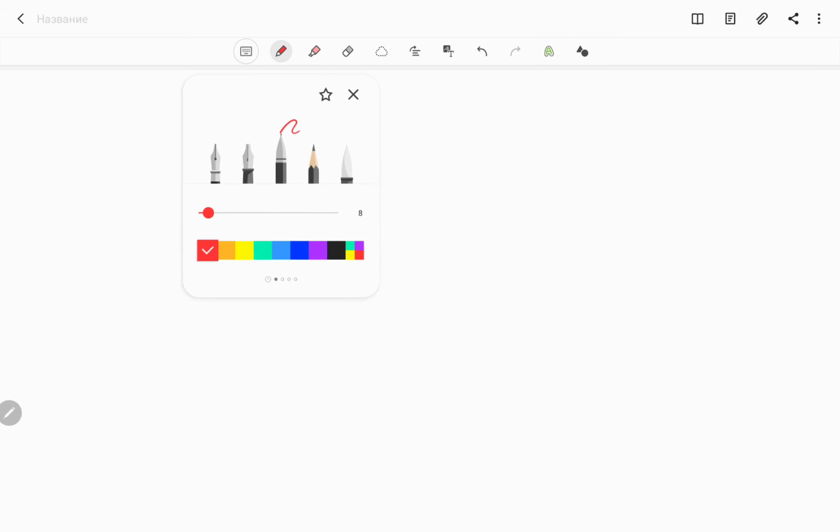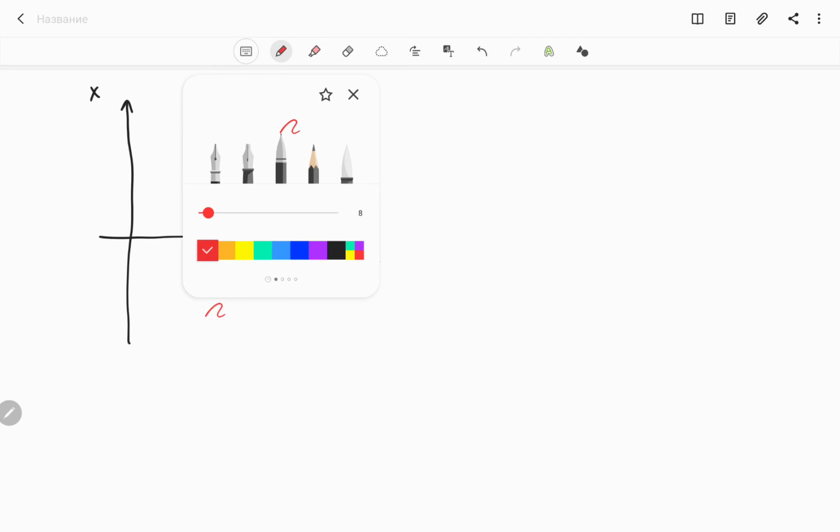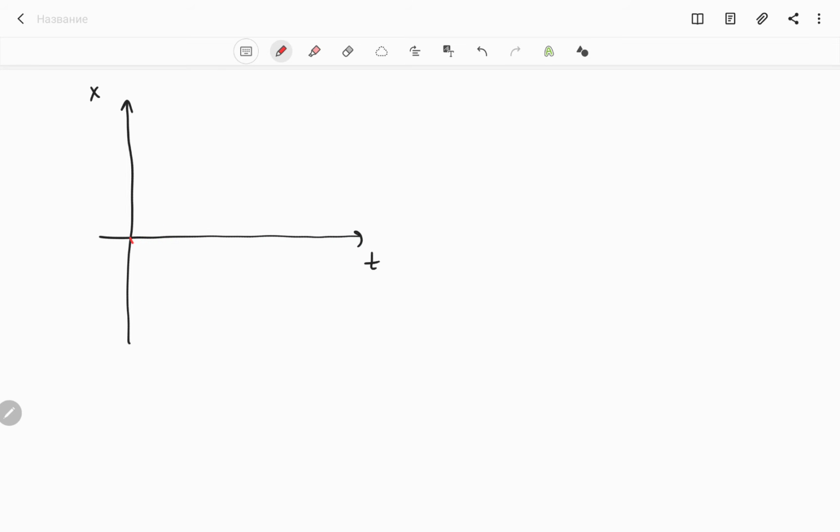So let me draw it here quickly. We had a position time graph. I will do it roughly. Initially, position was going to the negative number. Here we have 2 seconds, 4 and 6. This one, if I'm not mistaken, is -4.